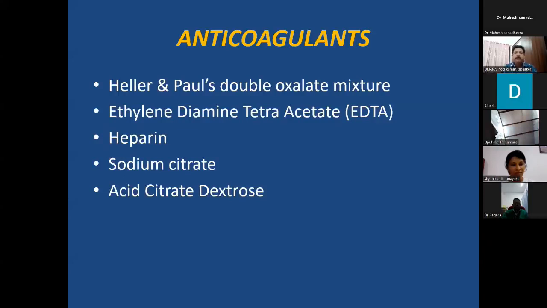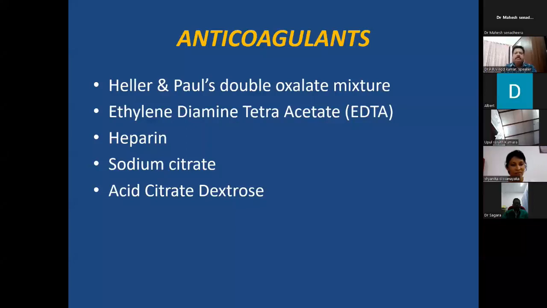Here we are using two oxalates, that is known as a double oxalate mixture. And we very commonly use EDTA, that is ethylenediaminetetraacetate, then heparin, sodium citrate, then citric acid with dextrose, citrate with dextrose, etc. So acid citrate dextrose, ACD bags, are very commonly available. Sodium citrate also can be used.